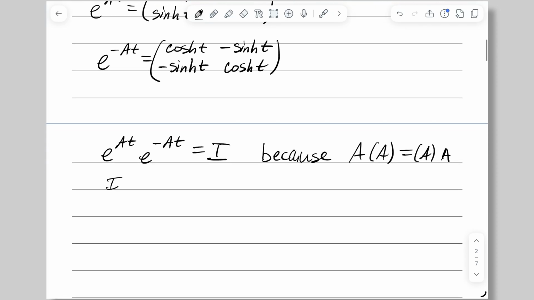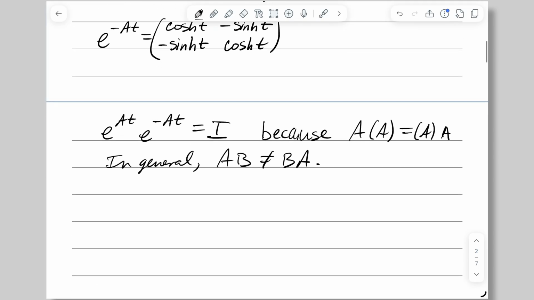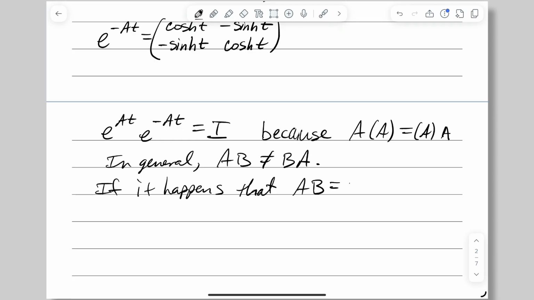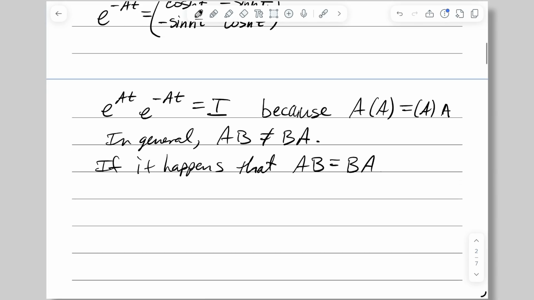In general, A times B does not equal B times A when we multiply matrices. But if it happens that A and B are two matrices that do commute, so we can multiply them AB and BA and get the same result, then e to the A plus B is equal to e to the A times e to the B.